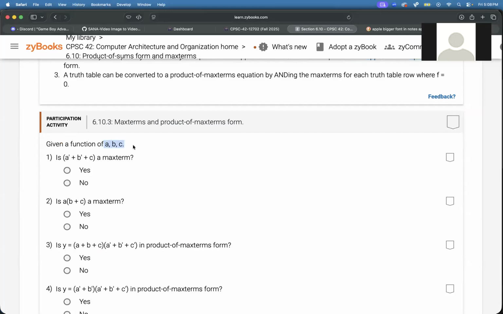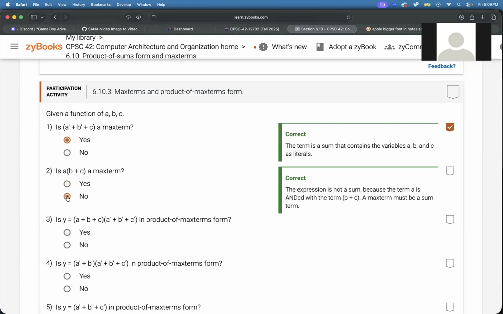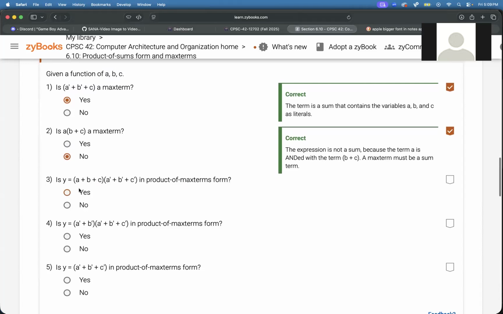So A, B, C, and then if it's a max term, that means none of the variables can be left out, and it's got to be a sum. So not A, not B, not C. Is that a max term? Yeah, I guess so. Is A, B plus C a max term? No, right? That's like a mix of product and sum. Is this a product of max terms?